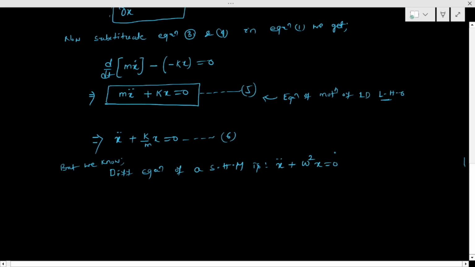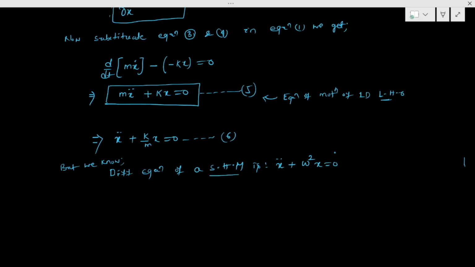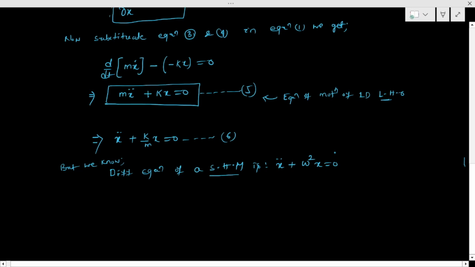If we consider a simple harmonic motion along the x axis, then the equation we found is like this, which we already discussed in our core 2. Now we just compare this equation number 7 and equation number 6.